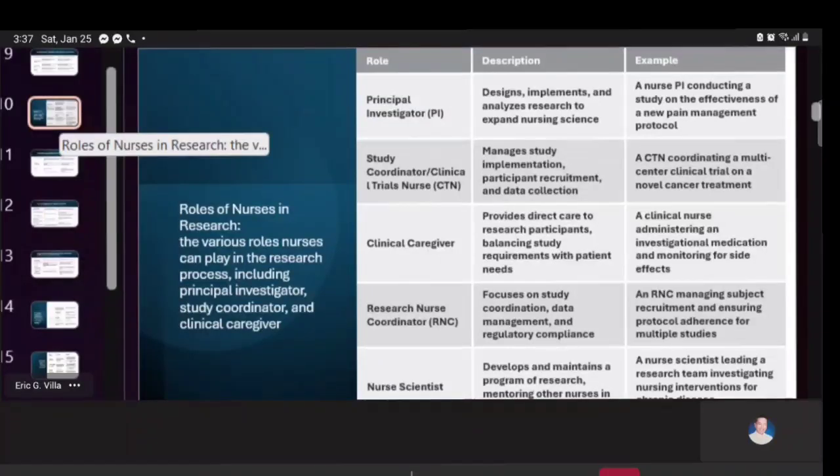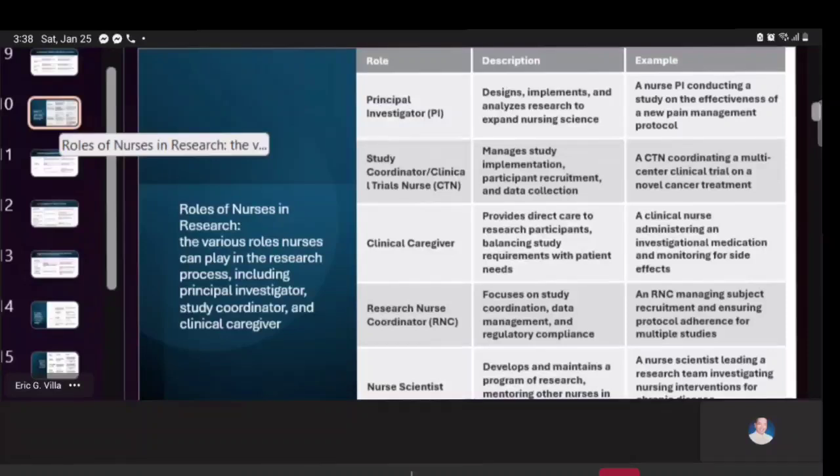It is perhaps the most comprehensive role among nurses, positioning them responsible for designing, implementing, and analyzing research studies. Nurses can contribute to the expansion of the scientific basis of nursing practice by asking clinically relevant questions and developing rigorous methodologies to answer them.